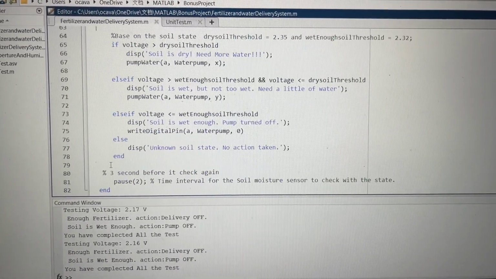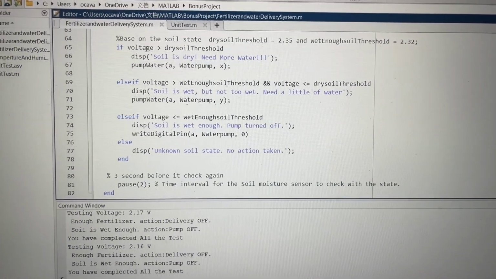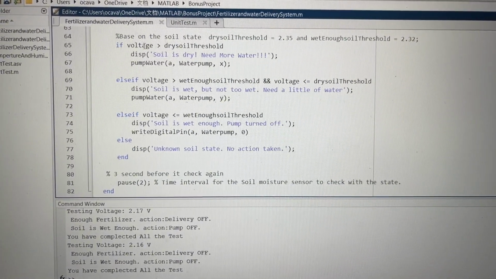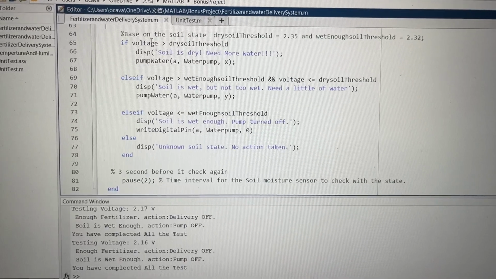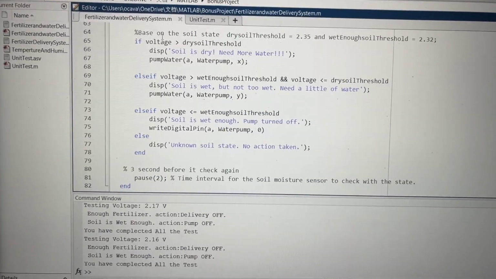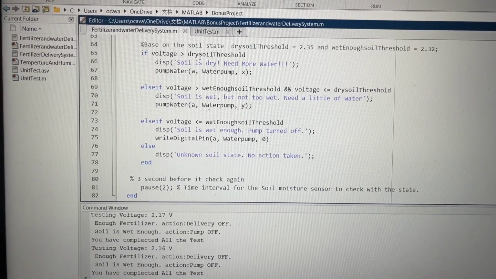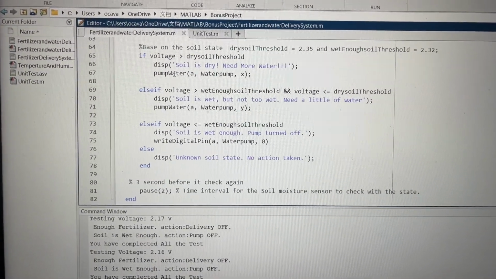The next one is the water system. It's basically the same thing: you set up the threshold, which is also 2.35. The voltage that you sense from the soil moisture sensor is compared to the threshold that you set up. If this is satisfied, it's going to pump x amount of water.